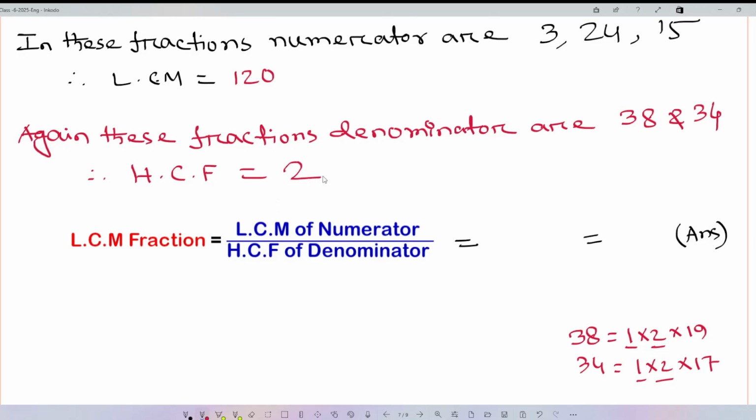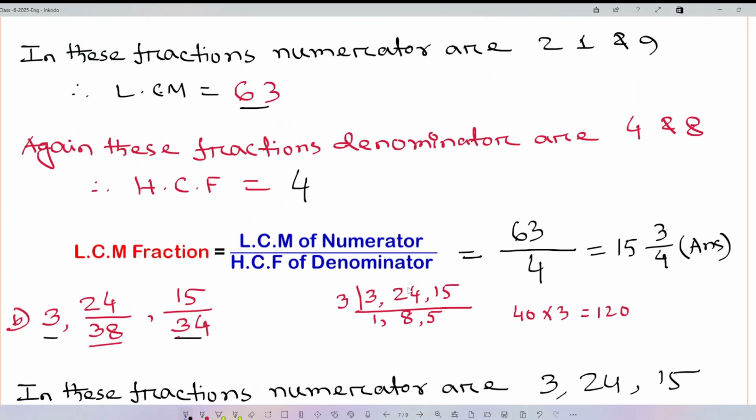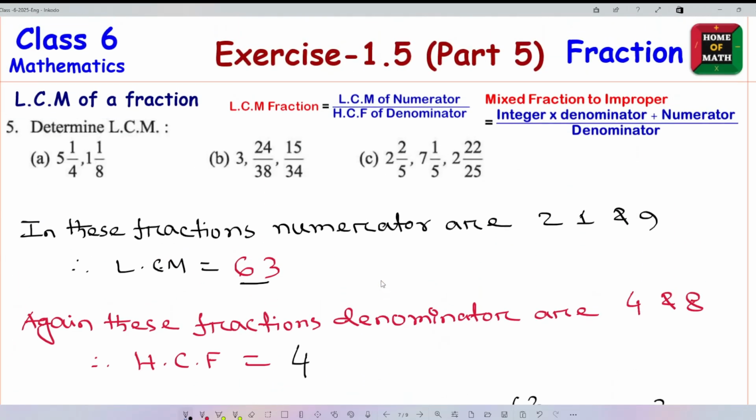So our answer here is 2. And finally, LCM of fraction is LCM of numerator, which is 120, and HCF of denominator is 2. So we divide by 2, the answer is 60. Okay, very easy way we are trying to solve this. So number A and number B done.